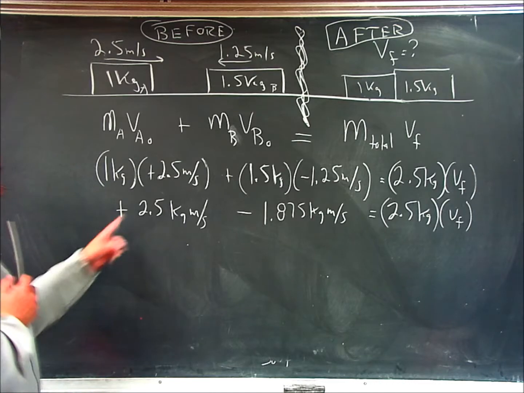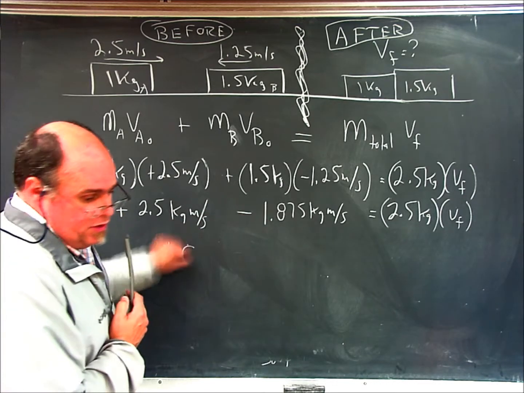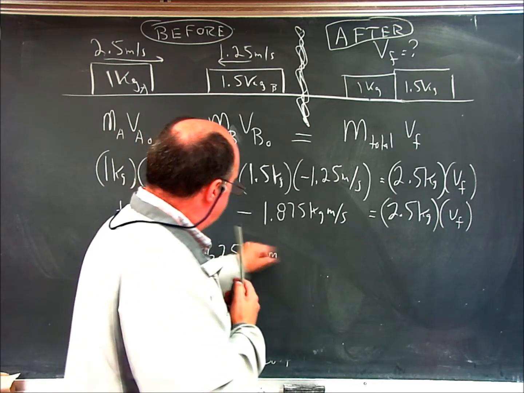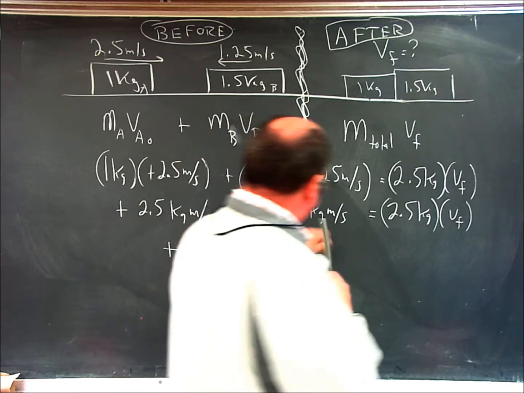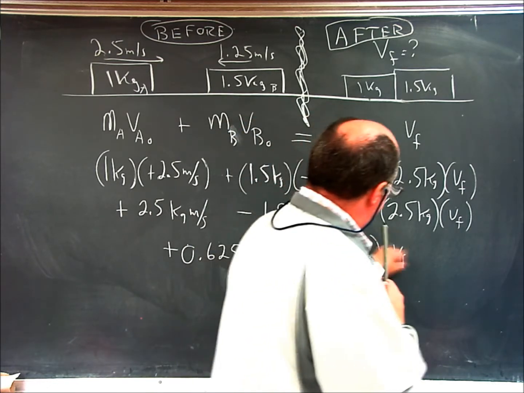So when I add these two pieces together, I will get a positive 0.625 kilogram meters per second, and that equals 2.5 kilograms times V final.